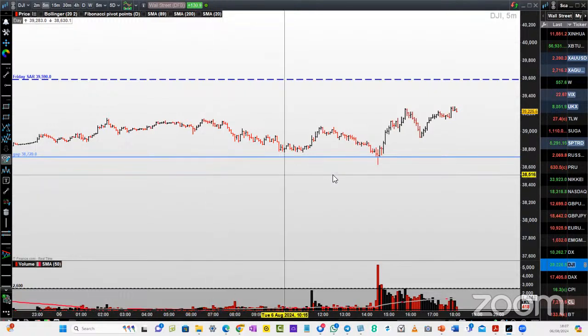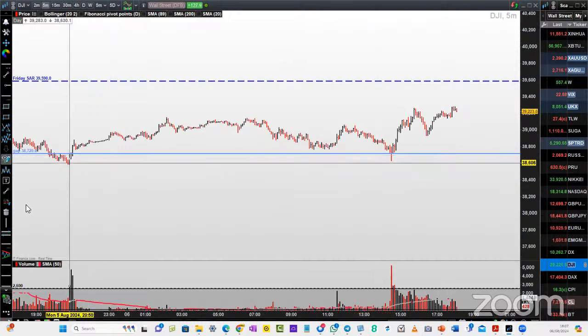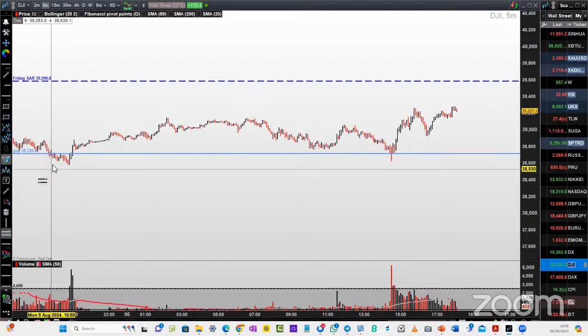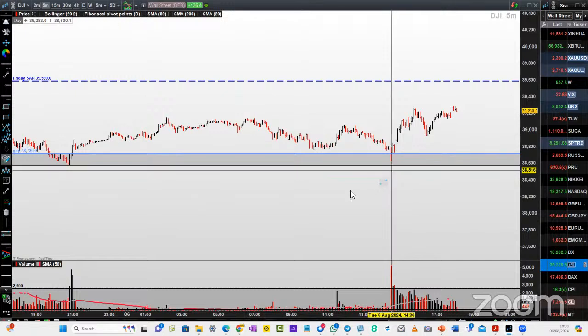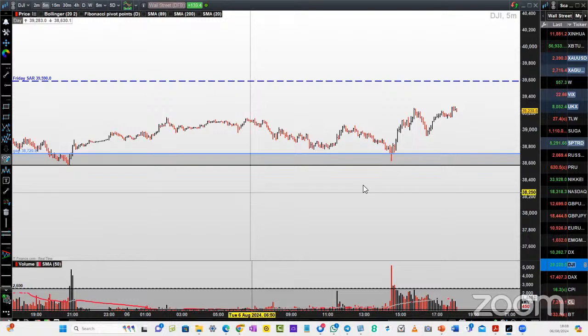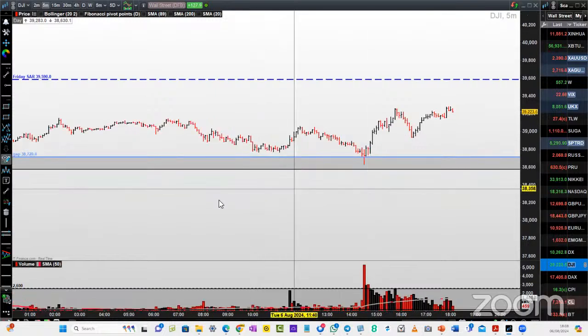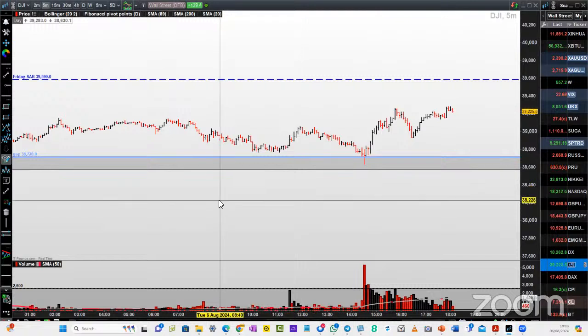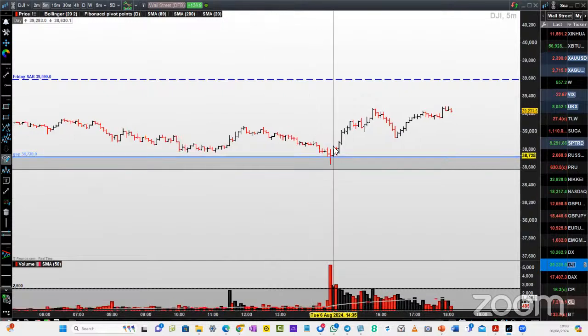You can see the relationship with the last 15 minutes of trading yesterday and the gap and the relationship today. The first 5 minute bar, it's a 5 minute chart by the way, went back into the closing range of the Dow, closed marginally lower, but immediately the next bar closed higher.